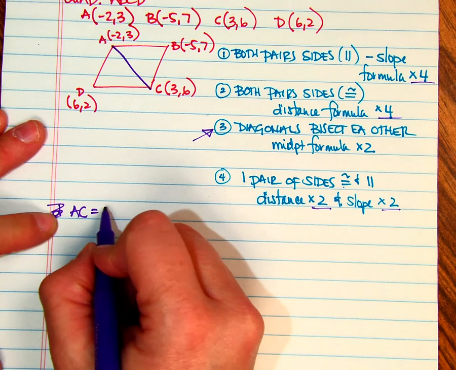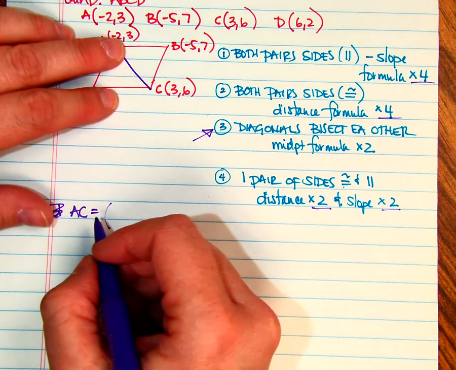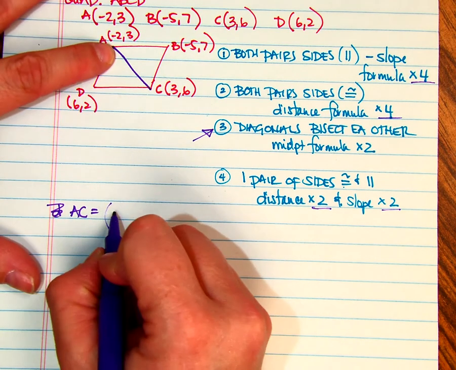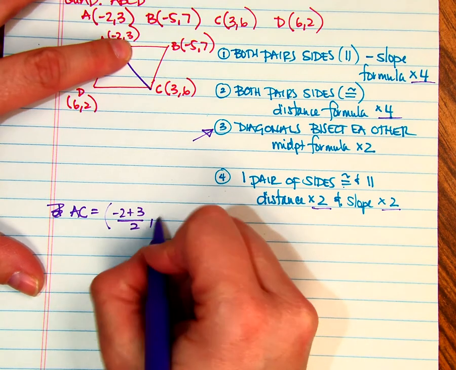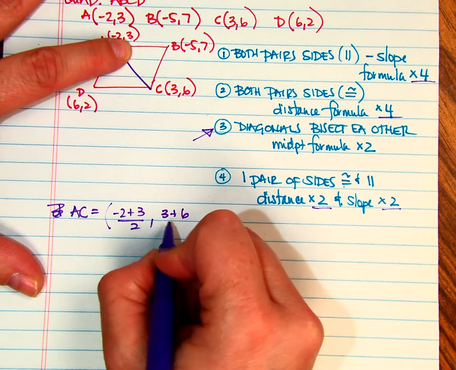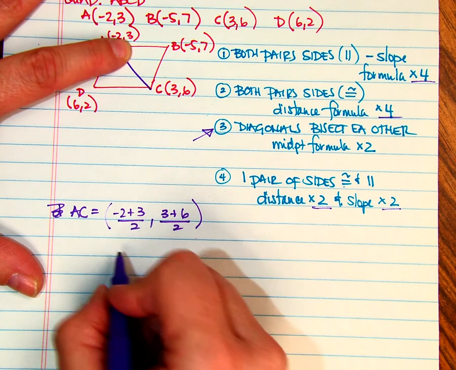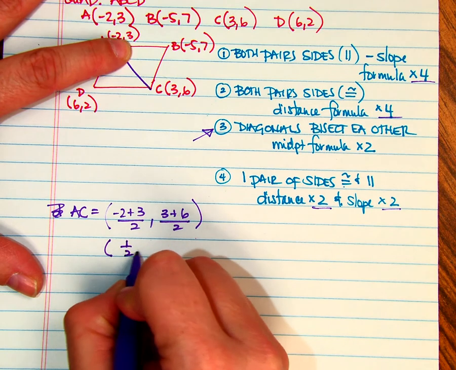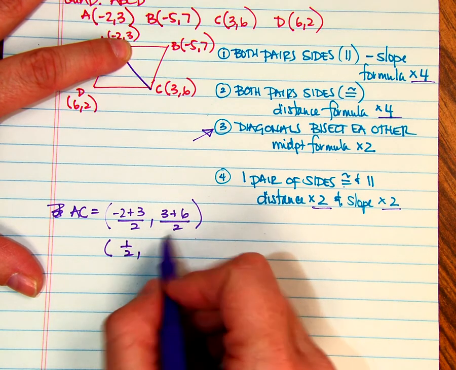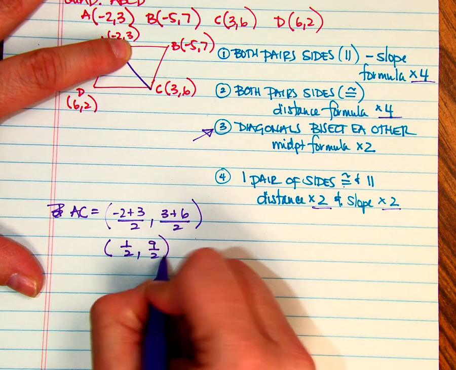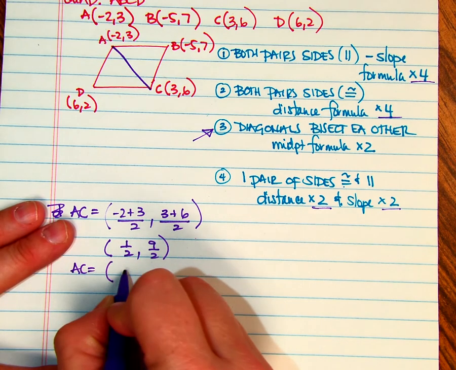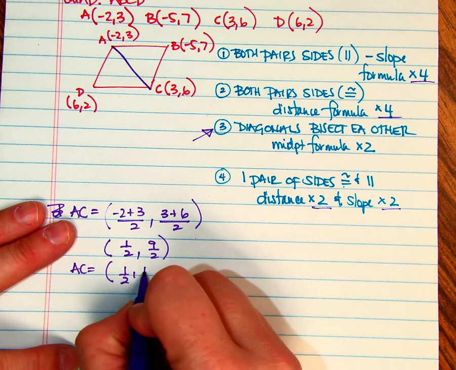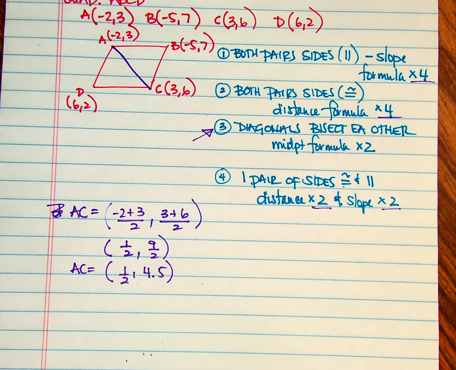So the midpoint of AC would be (-2 plus 3) divided by 2, and (3 plus 6) divided by 2, which gives me 1/2 and 9 halves. So I can say that the midpoint of AC is (1/2, 4.5).